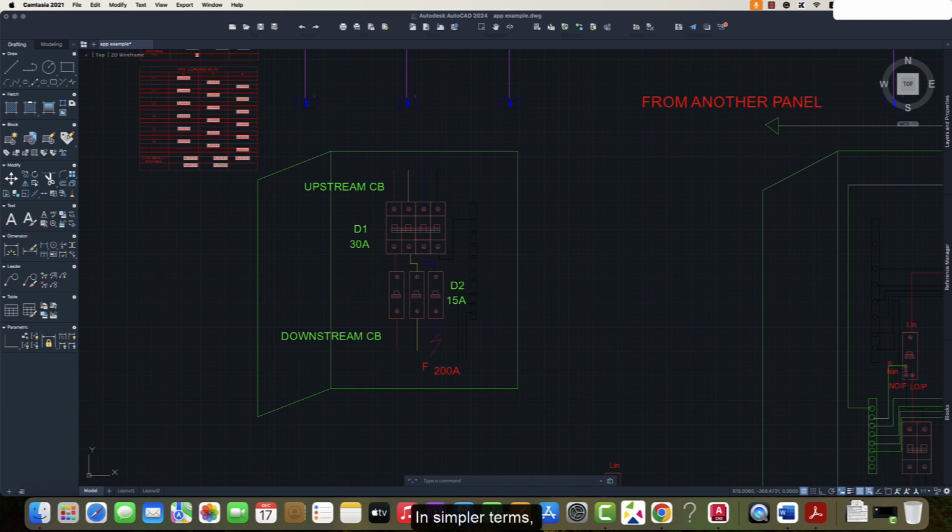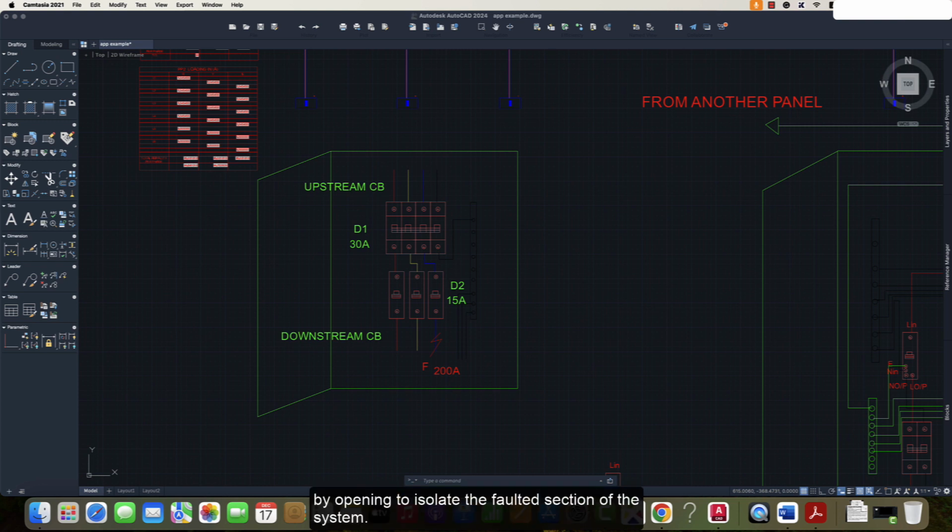In simpler terms, regardless of the magnitude or type of fault current, circuit breaker D2 is designed to respond by opening to isolate the faulted section of the system.